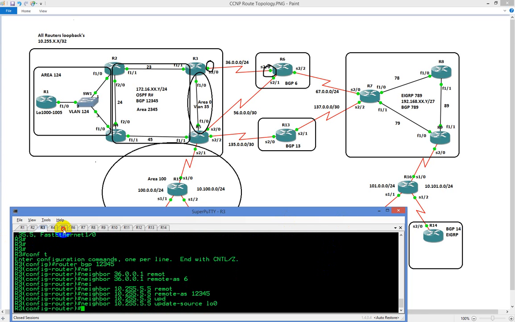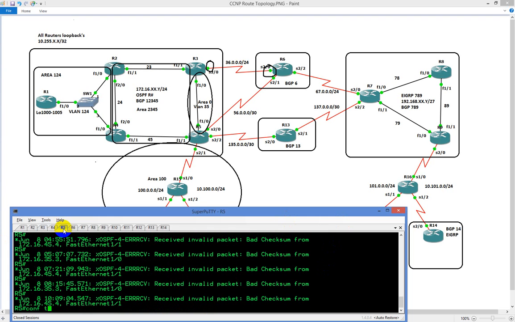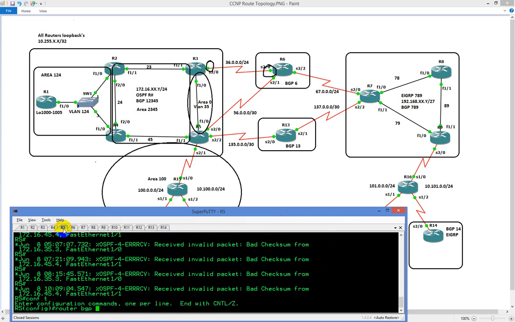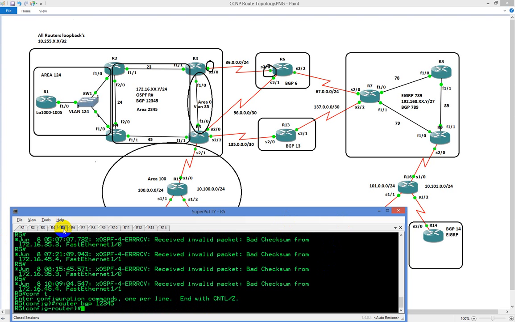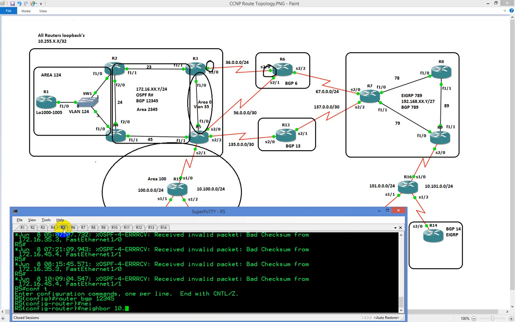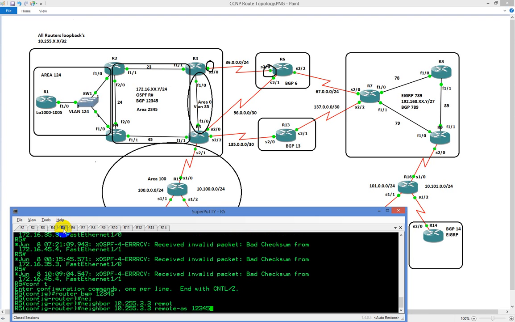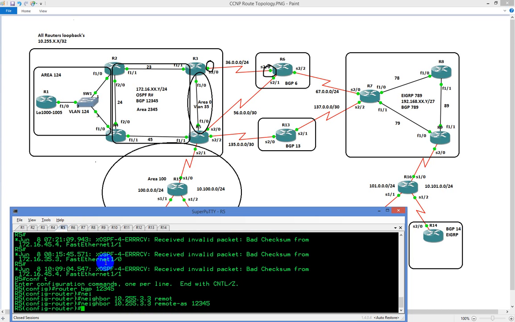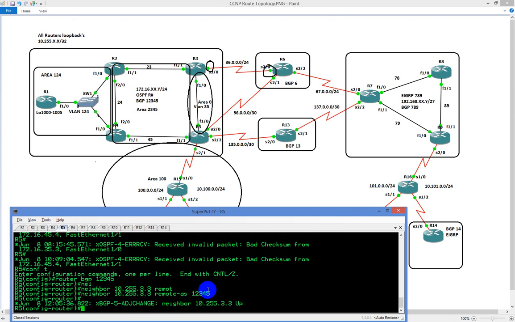Now I'm going to go to 5. And from here, I'm going to type in router BGP 1, 2, 3, 4, 5, neighbor 10.255.3.3, remote AS of 1, 2, 3, 4, 5. Now, one thing I'm not going to do is use the update source.